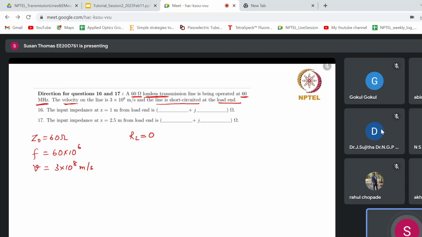In that case, what is the input impedance? And this is for a lossless transmission line. Can anyone please give me an equation in this condition? For a short circuited transmission line, I mean short circuited at the load end, which is a lossless transmission line, what is the input impedance equation?